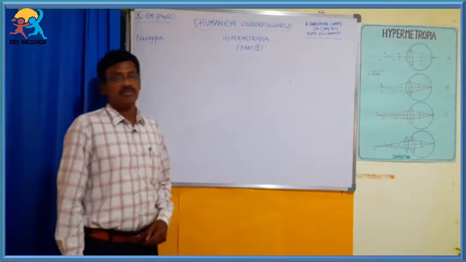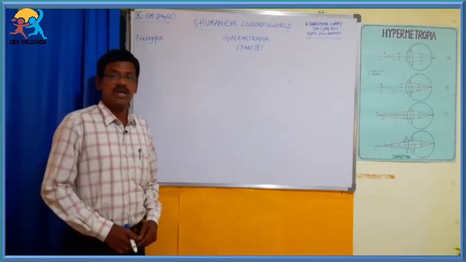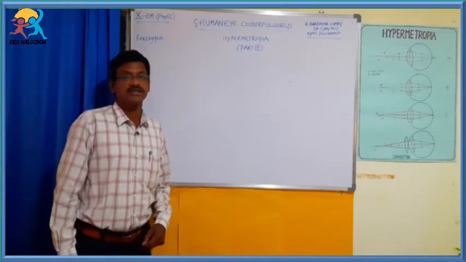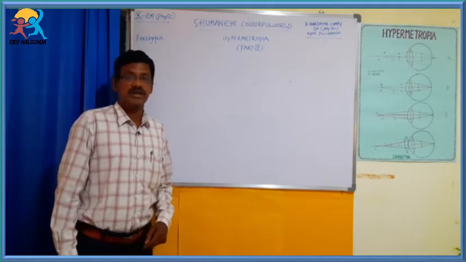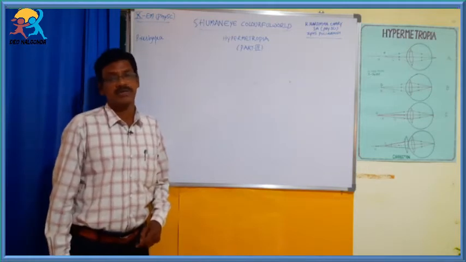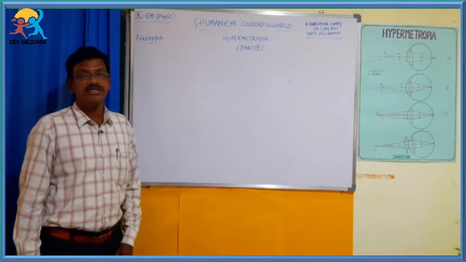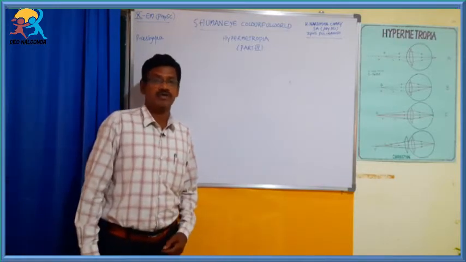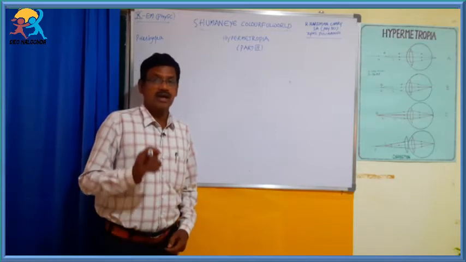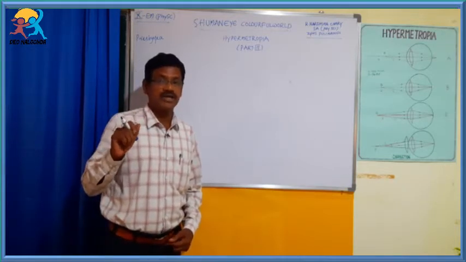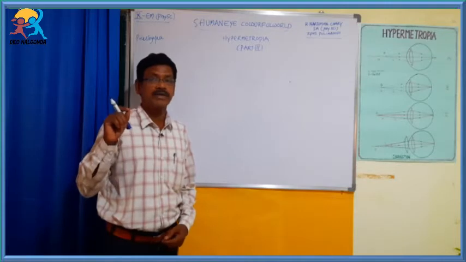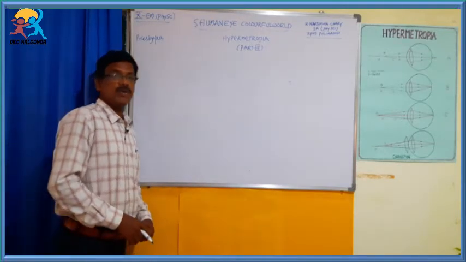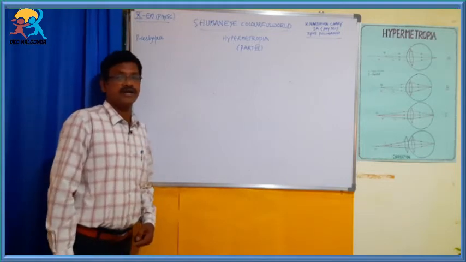People suffering from hypermetropia have the minimum focal length of their lens greater than 2.27 centimeters. In such cases, the rays coming from the object kept in front of the eye, after refraction through the eye lens, meet at a point outside the retina to form the image. That is, the image is formed outside the retina.